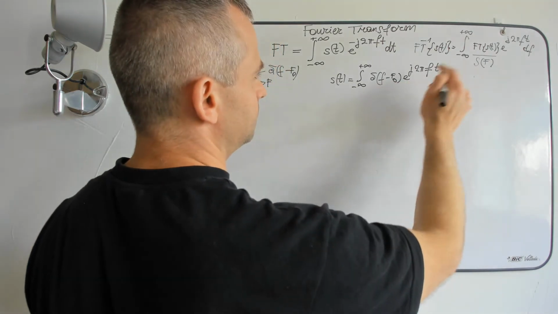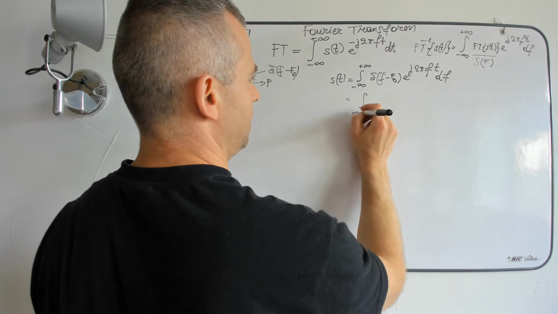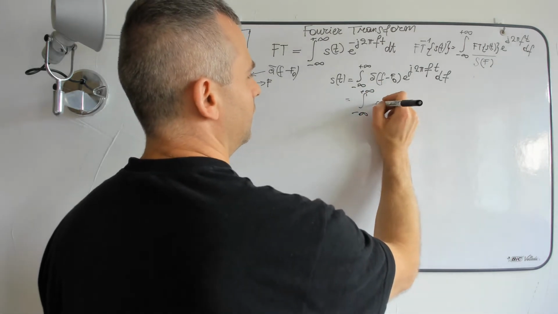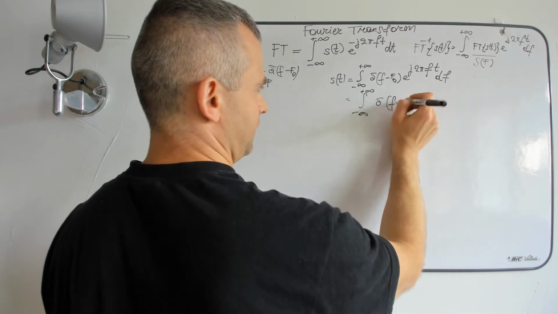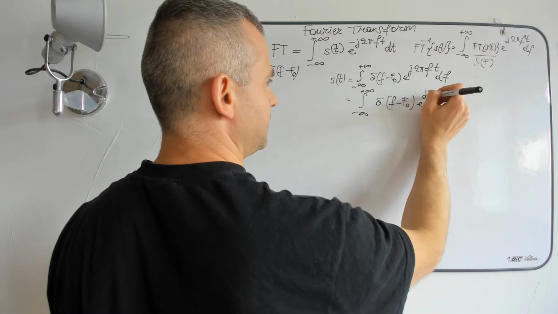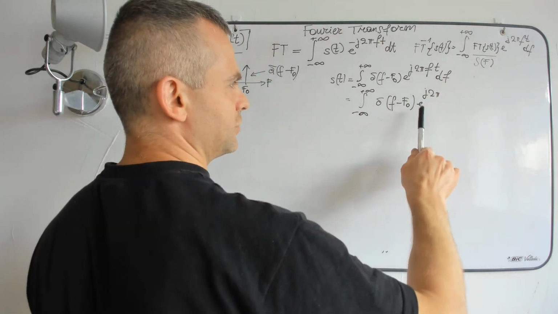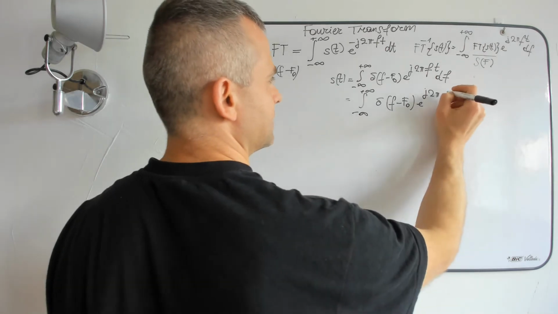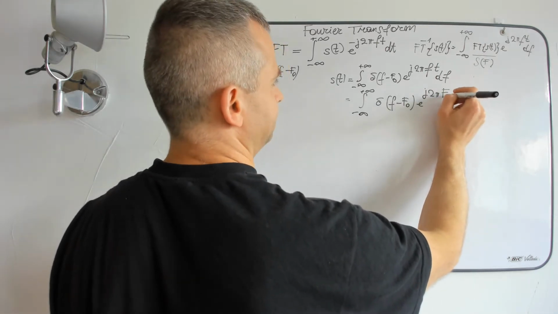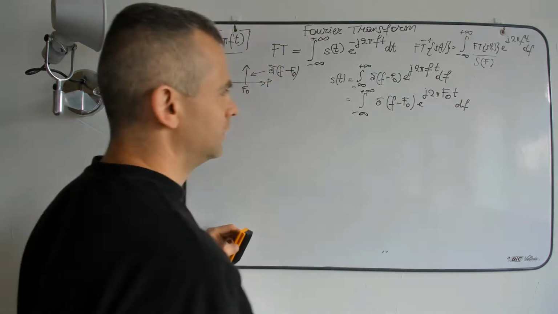So that will be the integral from minus infinity to plus infinity of delta function times exponential of j 2 pi, and as I said, the function gets the value of the delay, f0 t, df.